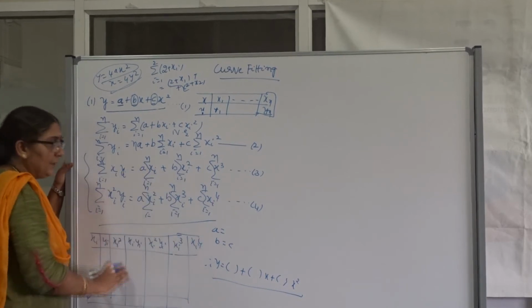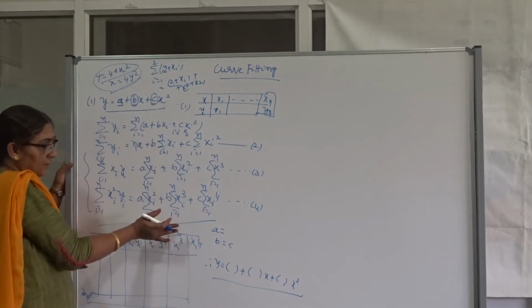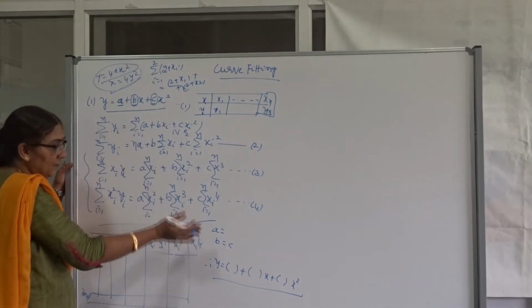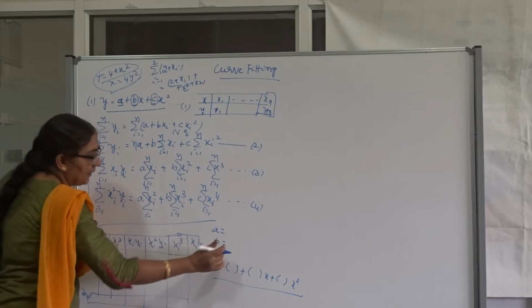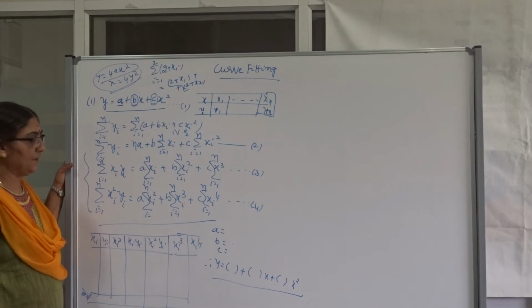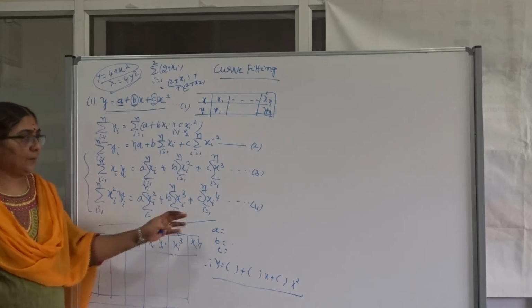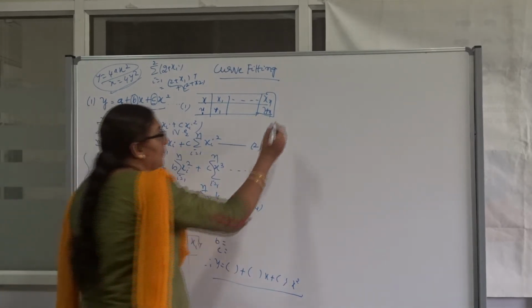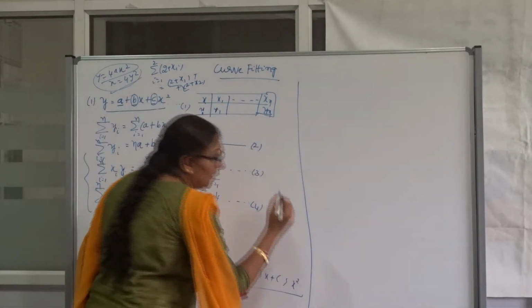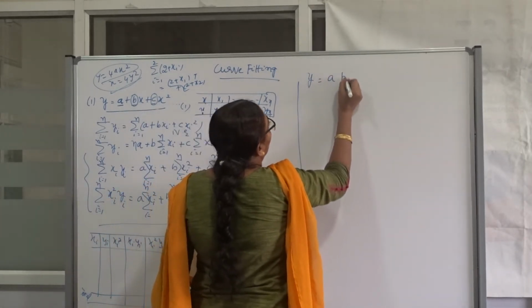Once you consult the table, use the given set of data and frame a system of equations. You solve by using a calculator. You get the values a, b, c, and then you substitute in the general equation. That is, you say that it is the best approximation equation to the parabola from the method of least squares. Now moving to the next type of nonlinear curve, say y is equal to a into b power x.